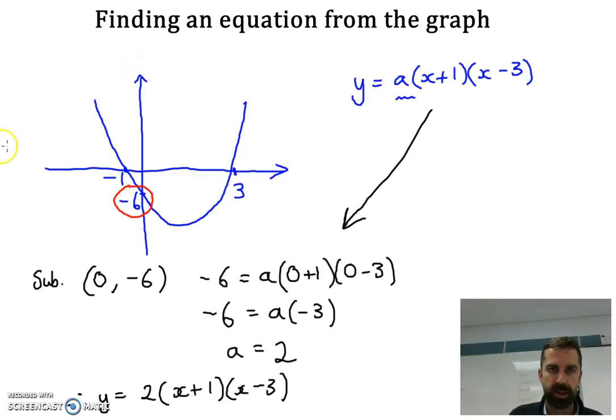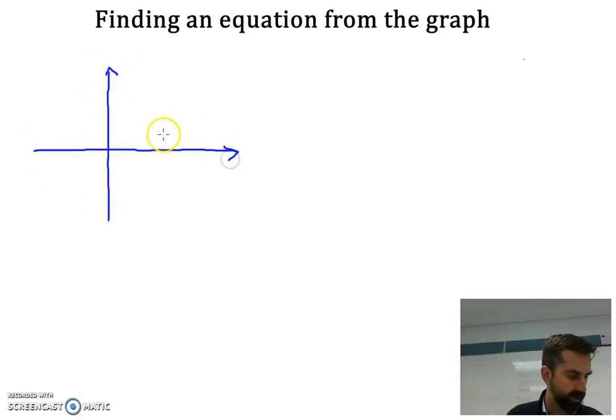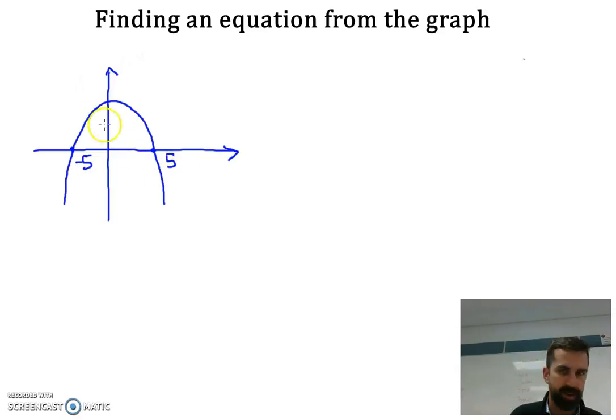Okay, I'm going to do one more example. So this example is quite similar, except my graph's going to look a little bit different. This time my graph is upside down, and we know that it goes through two x-intercepts, x equals -5 and x equals +5.